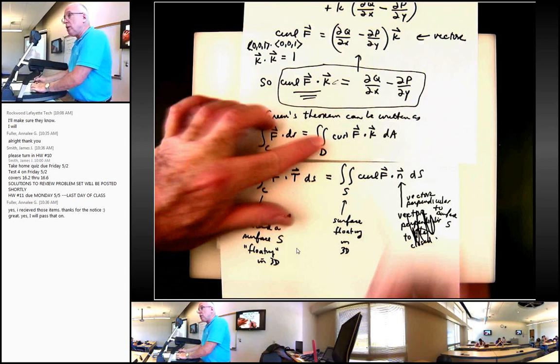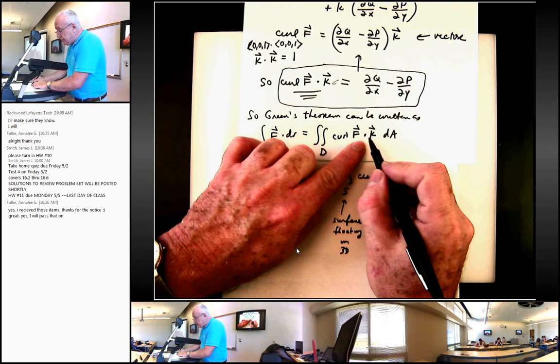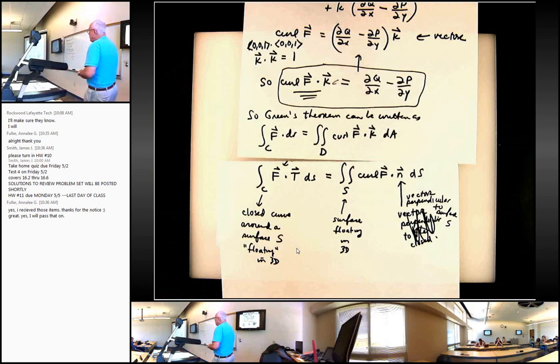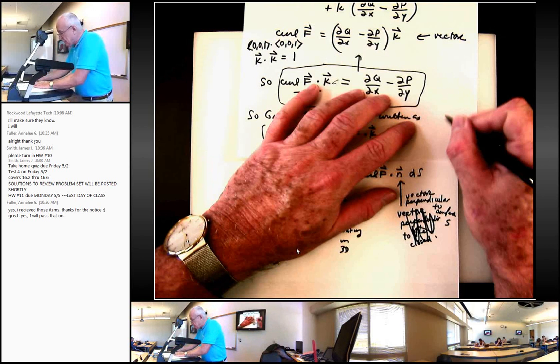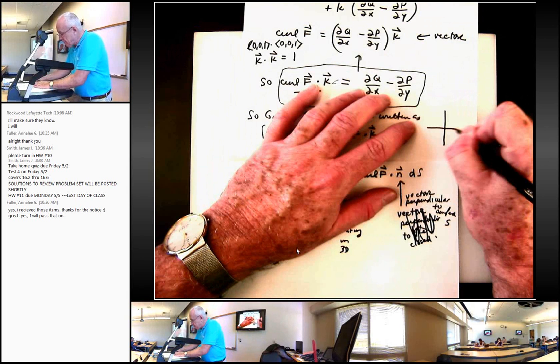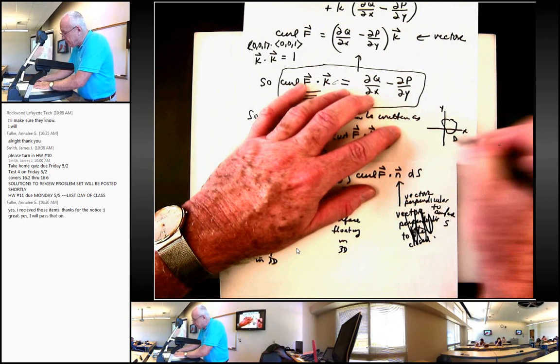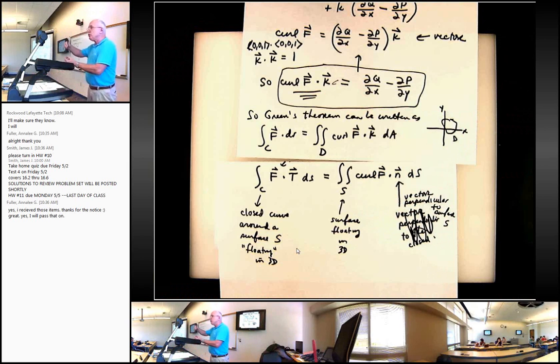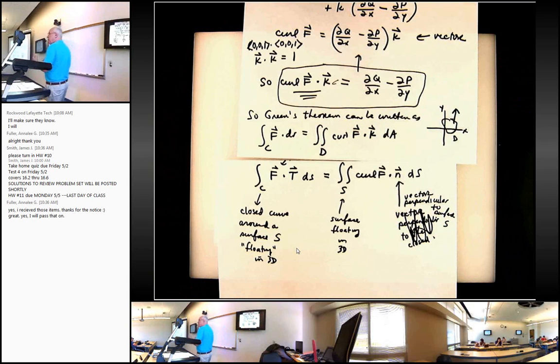We have the curl of F in both of them. This in here is a dot product with the K vector. Now, the K vector, if we look at the xy plane, which is where our domain D is, is in the Z direction, right? That is a perpendicular vector out of that flat region.